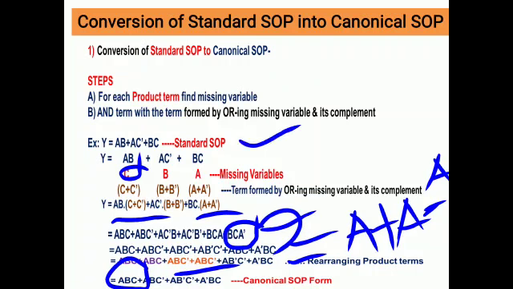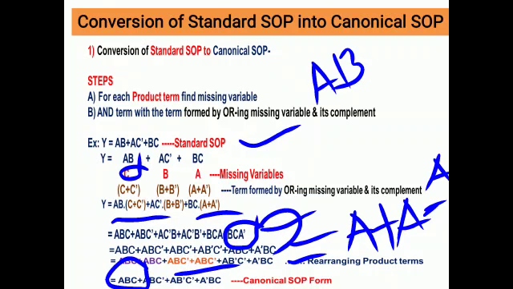So first, I'll again repeat, first you have to find which variable is missing, and then the second step is you have to AND each term with the ORing of the missing variable and its complement. For example, suppose AB.